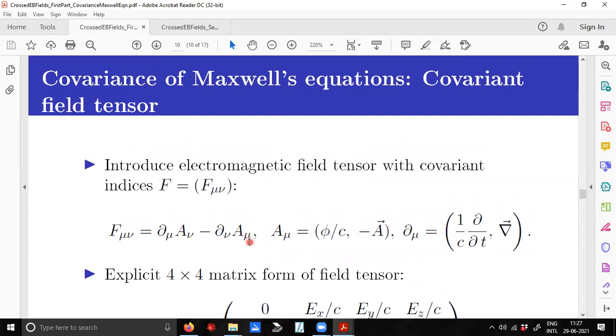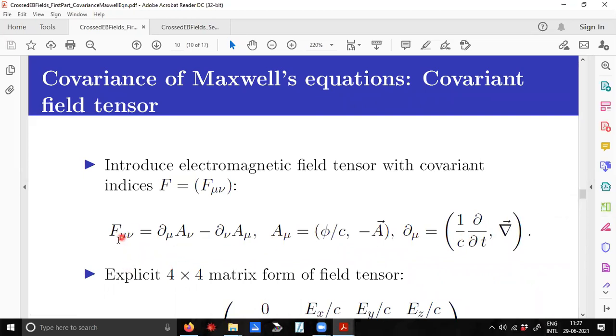Are you with me? Tell me what is the result. Don't substitute, simply write ∂_0 A_0 minus ∂_0 A_0, correct? Don't substitute all this. It is 0.